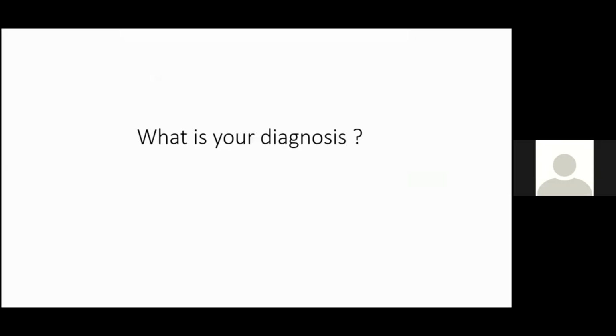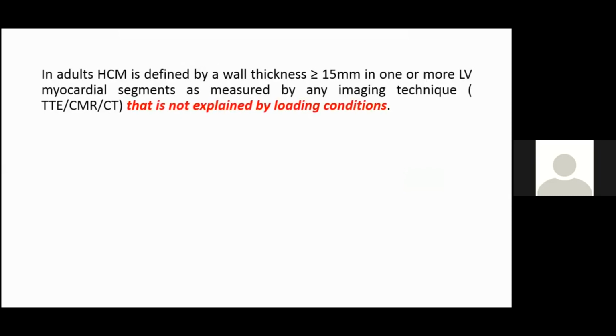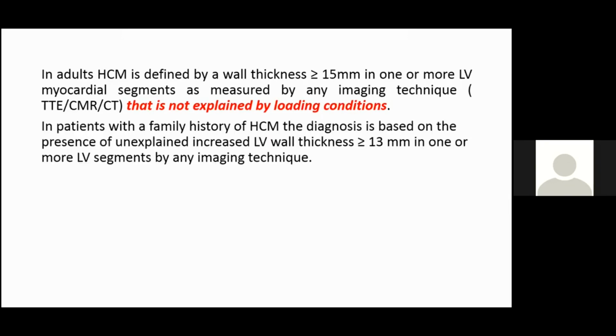What is your diagnosis? By now, most of you would have guessed the correct diagnosis. In adults, hypertrophic cardiomyopathy is defined by a wall thickness higher than 15 millimeters in one or more LV myocardial segments, as measured by any imaging technique, transthoracic echocardiography, CMR, or CT scan, that is not explained by abnormal loading conditions.